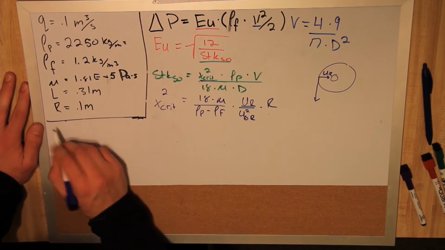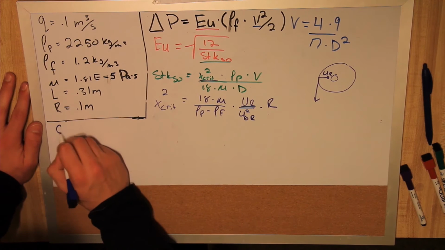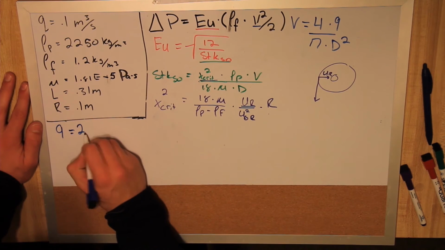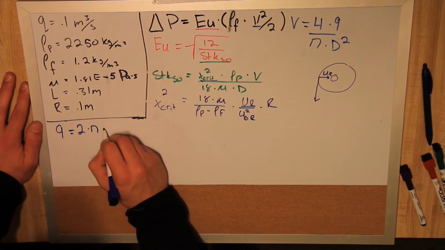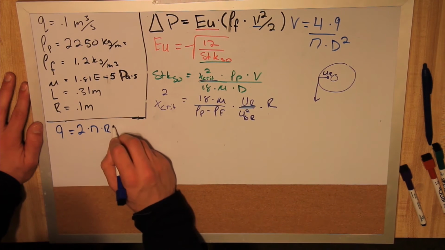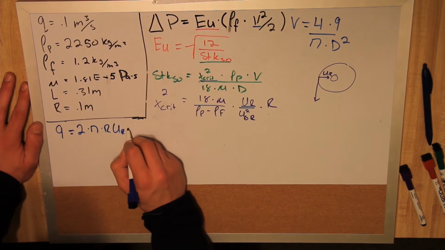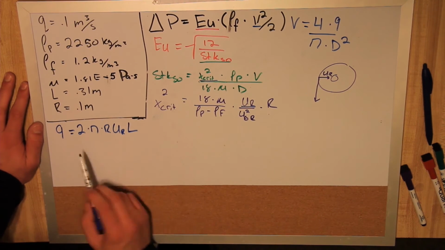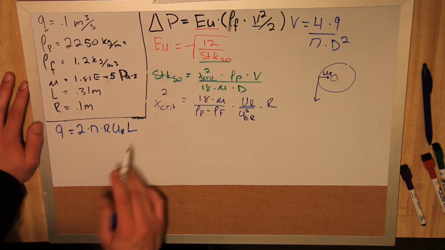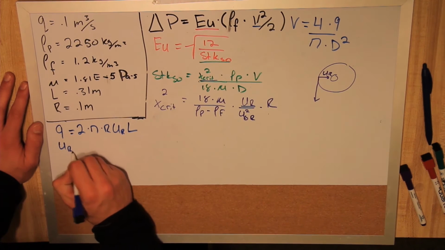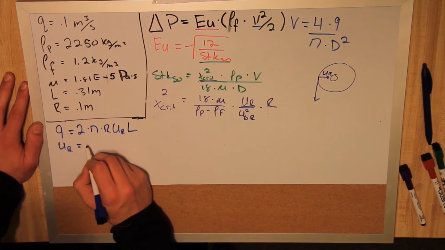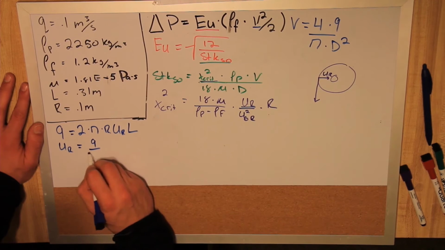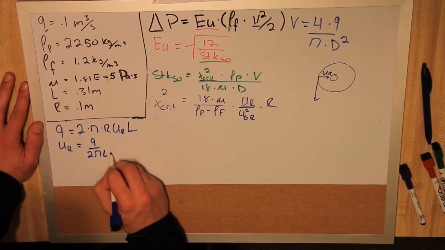All this is using the basic equation of flow rate equals 2 times pi times r times u r times L, length. With rearranging this equation, because we have the flow rate, the radius, and the length, we find that u of r equals Q over 2 pi L r.